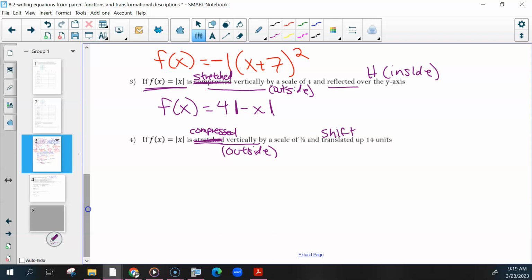And if it's translated up 14 units, is that vertical or horizontal? We're going up. Would that be horizontal? We're going up. So because this is vertical, that's also going to go outside. Sometimes you don't have inside things. It just depends on what the function is.